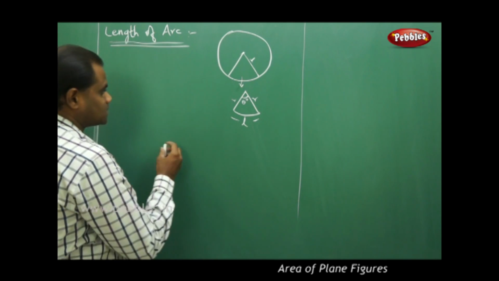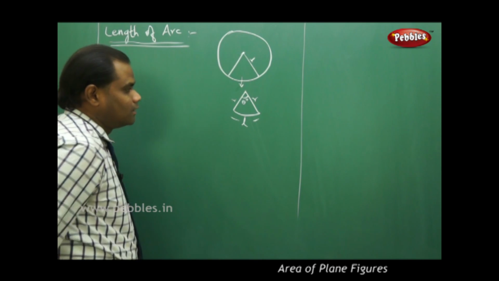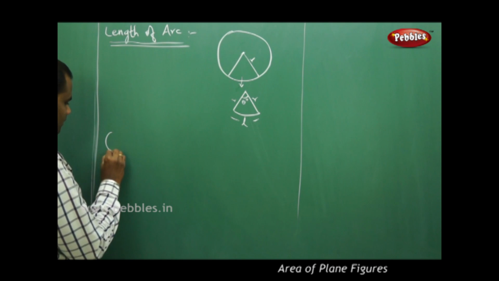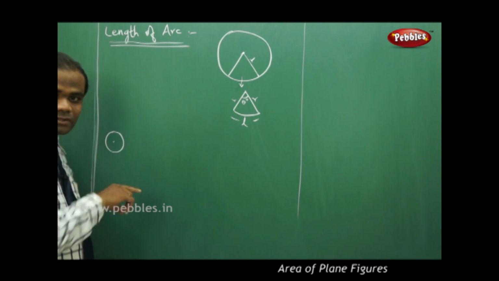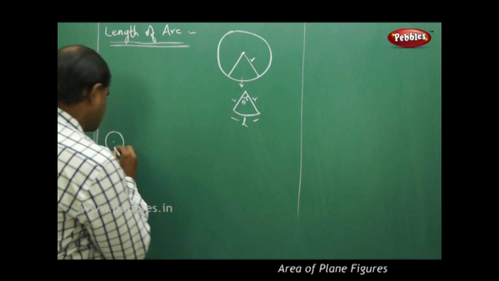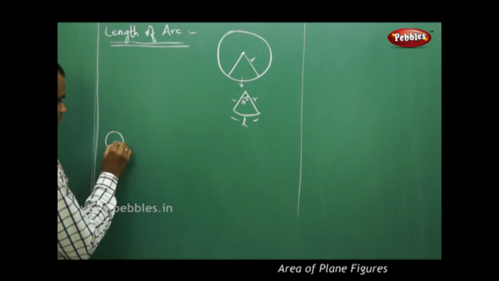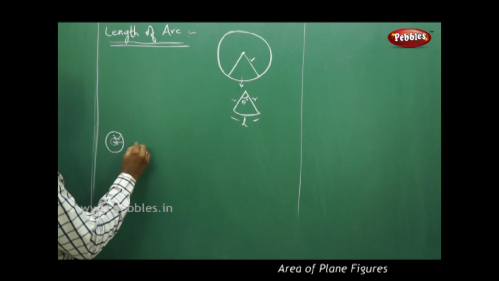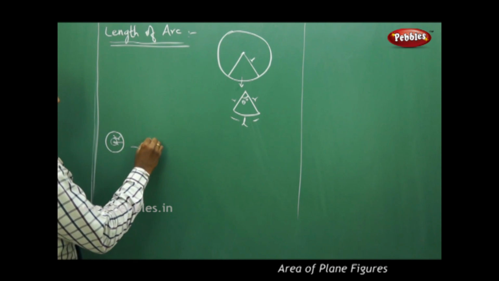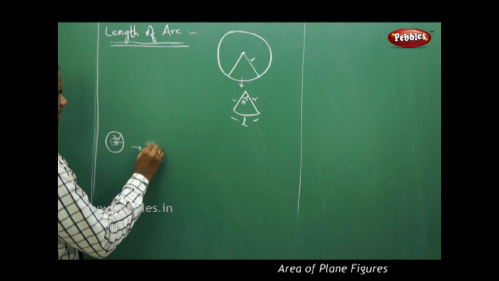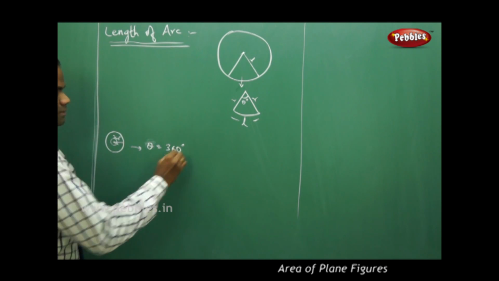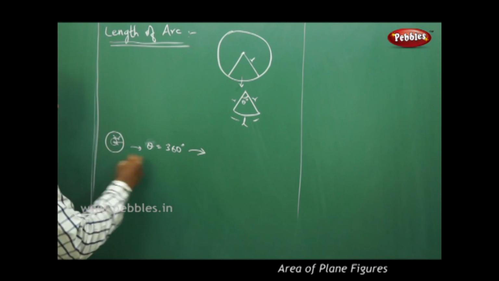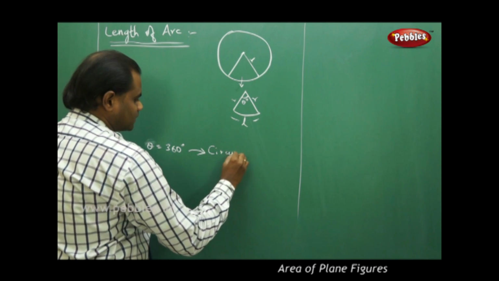So let's initially start with the whole circle. If I take the entire circle, my whole circle has the angle of 360 degrees. Therefore, on completion of the full 360 degrees, the angle theta is 360, and this full 360 degrees gives me the circumference.